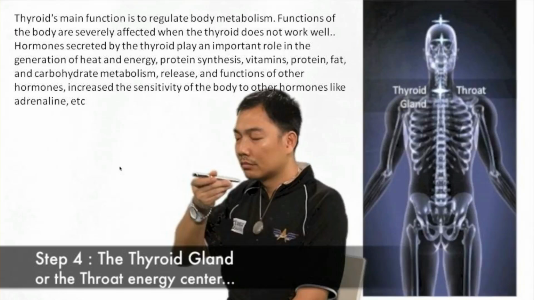The fourth one is the thyroid gland, situated at the center of your throat. The thyroid's main function is to regulate body metabolism. Functions of the body are severely affected when the thyroid does not work well, and we have all come across that many times.